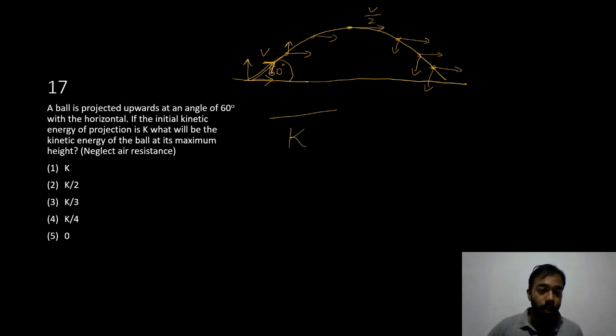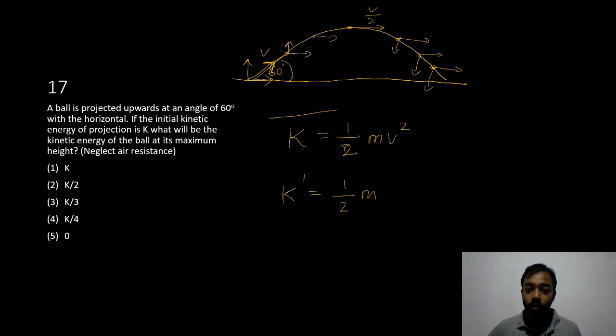So the initial kinetic energy K is equal to half m v squared. Let's say the kinetic energy at the maximum point is K dash, which is equal to half times m, the mass being constant, times the velocity there. There is no vertical component, only the horizontal component, which is v over 2, so you get v over 2 squared.